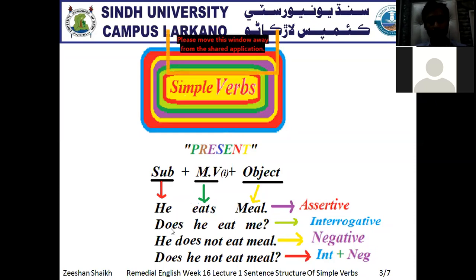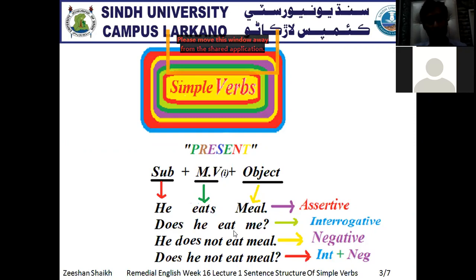Now the second one: does he eat meal? Now what is this? Of course at the end of the sentence we have given the question mark. That becomes an interrogative sentence. As you know, in our previous classes I told you the helping verbs of present simple tense, do and does, and you very well know where we have to use does and where we have to use do. When we make the interrogative sentence, the helping verb comes first, then he at the second, and eat.